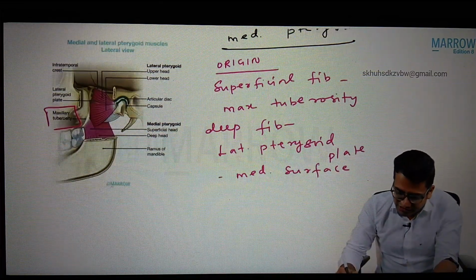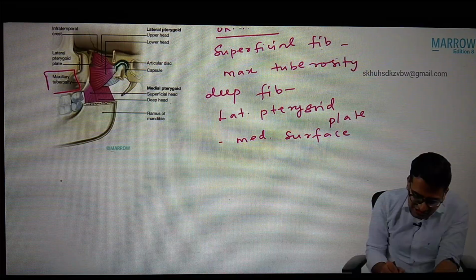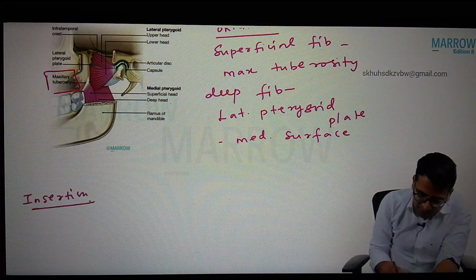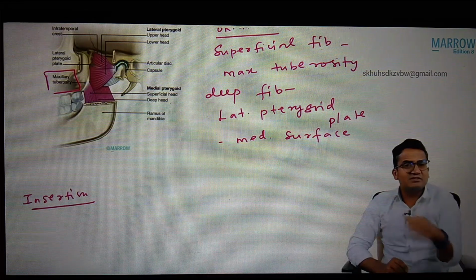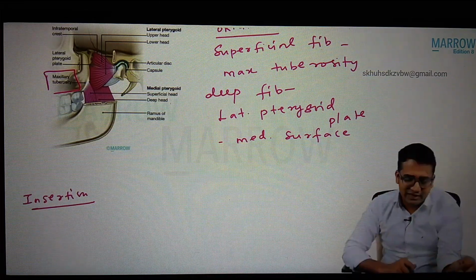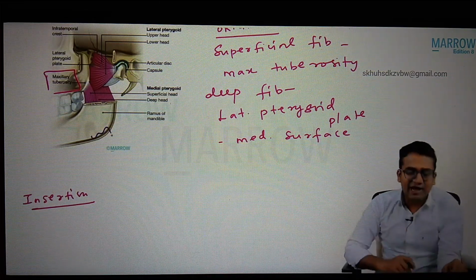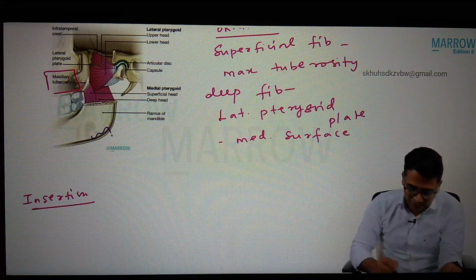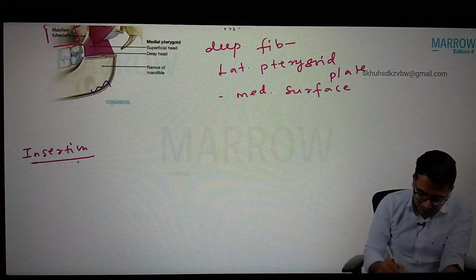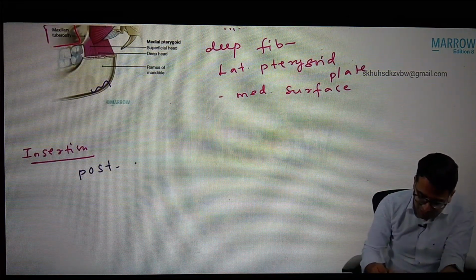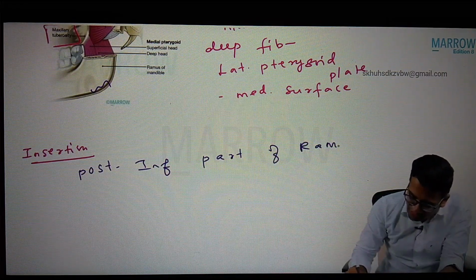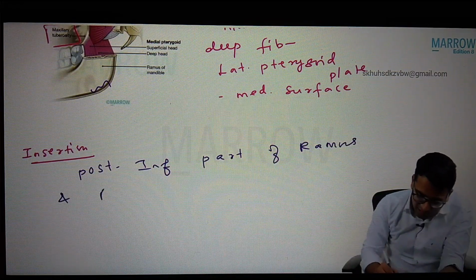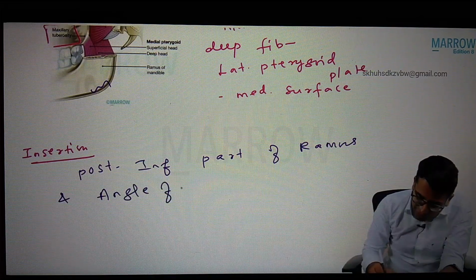Okay, what about the insertion? Now, these muscle fibers go to the inner surface of the ramus, the posterior inferior aspect of the ramus, and also to the angle of the mandible inside.